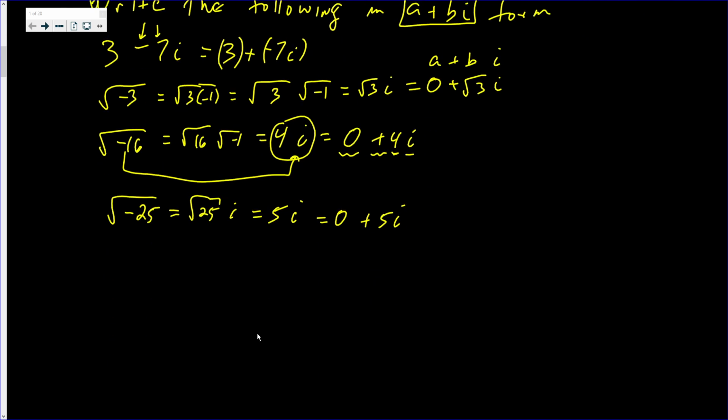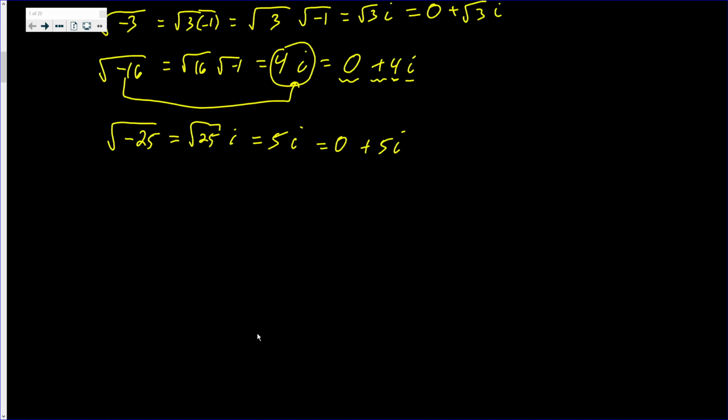What if you were asked to write the following in a plus bi form? Suppose you have the square root of 2 plus the square root of negative 7. Well, the square root of 2 I can't do anything to, plus the square root of negative 7, well, that's the square root of 7 times i.